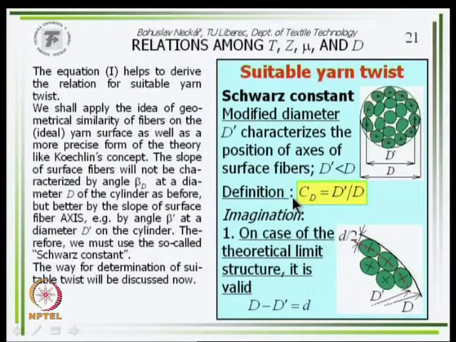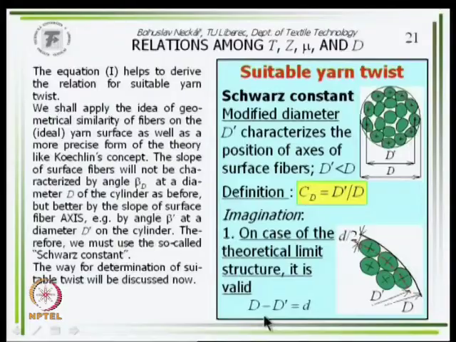We will find the ratio d dash by d. This ratio was found by Mr. Schwarz at first, therefore it is known in literature as the Schwarz constant.